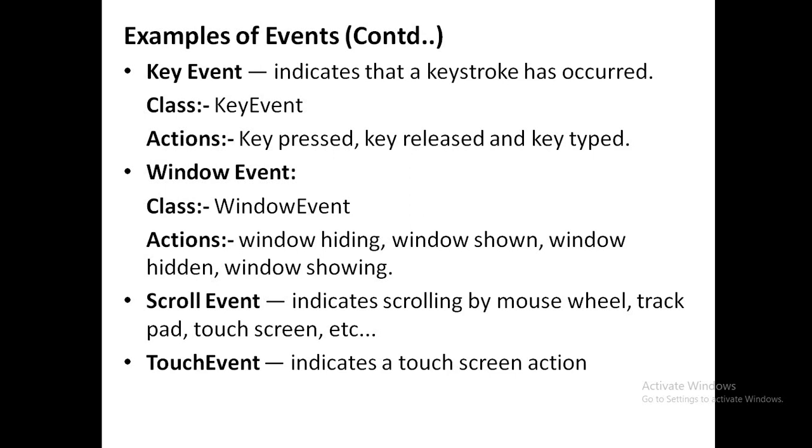Window event. The class is WindowEvent and the actions are window hiding, window shown, window hidden, window showing. Scroll event. This indicates scrolling by mouse wheel, trackpad, touch screen, etc. And touch event. This indicates a touch screen action.